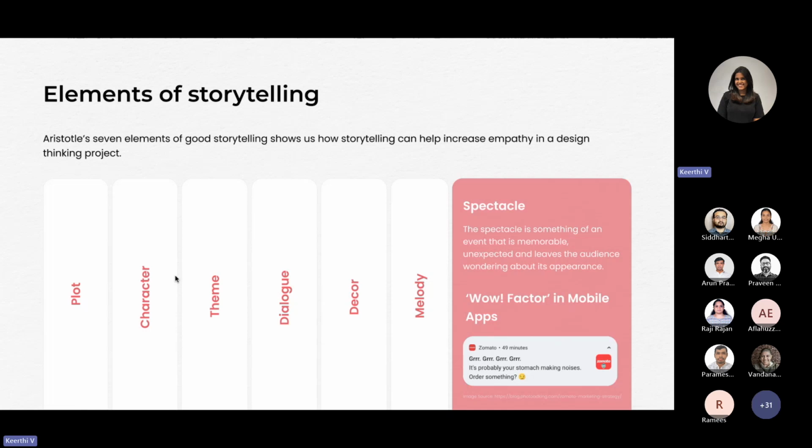So here we saw the 7 elements, right? Now you would be wondering, how can we incorporate all of this and create a story? It's not necessary. We can actually just use 1 or 2 elements from this and create a very impactful story. And it's necessary to also remember we should not use all of this together and overwhelm the user, because if we give so many things for the user to focus on, where will the user pay his attention, right?